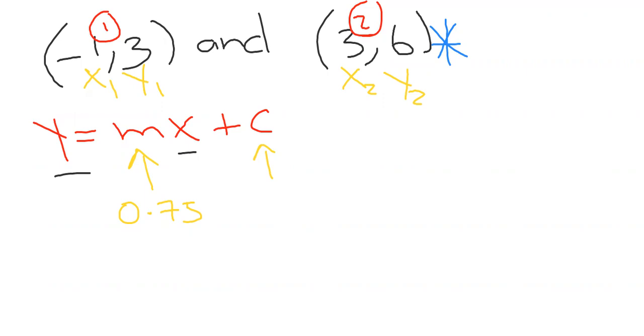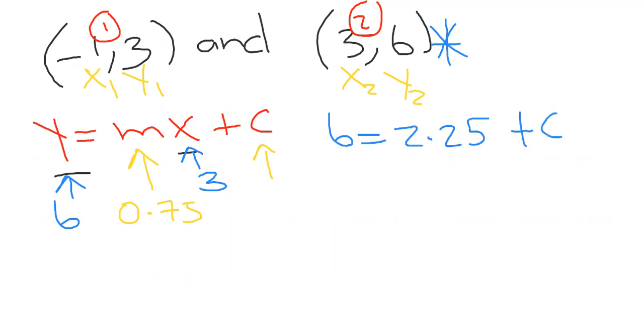So which means our y, if I use those coordinates, is going to be 6, and our x is going to be 3. So I have to rewrite this equation so that now I can find the value of c. So rewriting that, I now get 6 equals 0.75 times 3 gives me 2.25, then plus c.